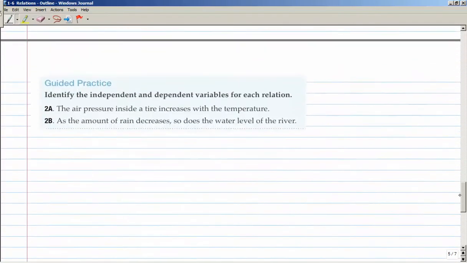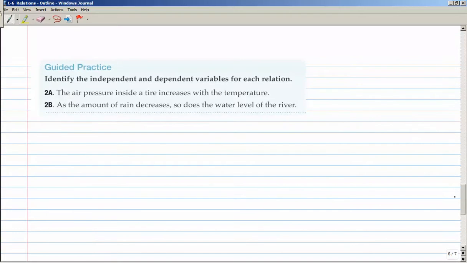Let's take a look at a couple examples here. And this says identify the independent and dependent variable for each relation. So, for the first case, for 2A, the air pressure inside a tire increases with the temperature. Think about what that's saying. As the temperature increases, or as the temperature changes, the air pressure inside a tire changes as well.